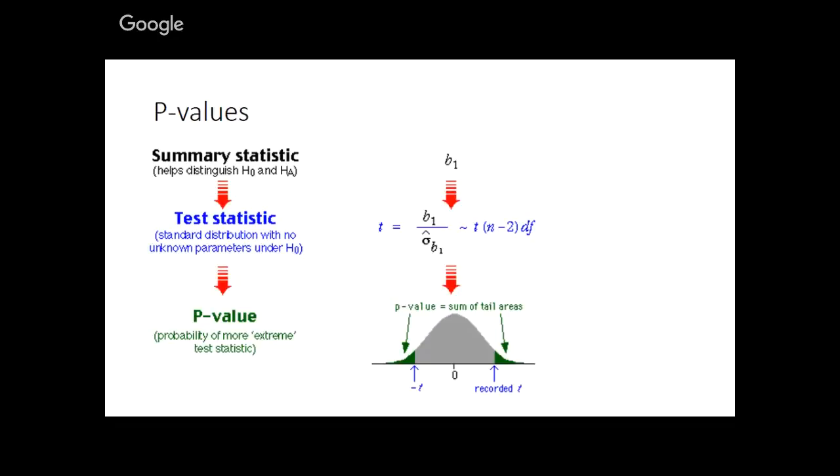So we collect these statistics. Usually it's voxel-wise. For each voxel, we collect the statistics. We summarize it. We get the test statistic that is normally distributed, standard normal distribution. And then we get the p-value: how probable it is for us to get this data.